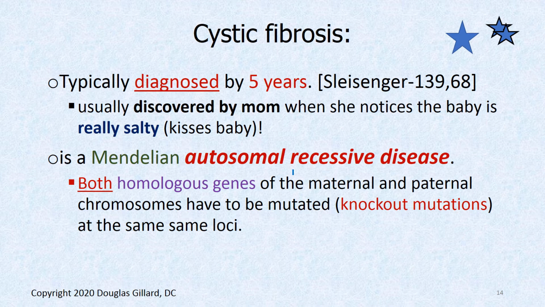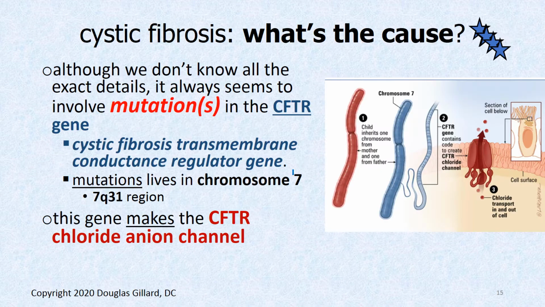With regard to genetics, it's a Mendelian autosomal recessive disorder, which means both mom and dad had to give the baby a mutated gene. So it's autosomal recessive. What is the cause of this? Well, it's a mutated gene. Specifically, it's the cystic fibrosis transmembrane conductance regulator gene, or we'll just call it the CFTR gene from now on.